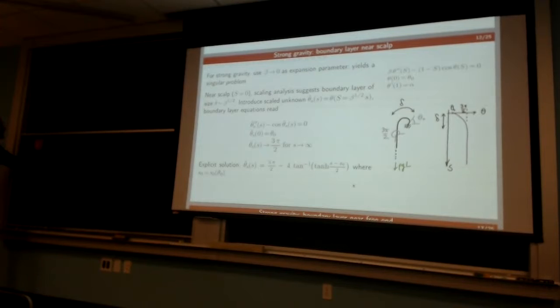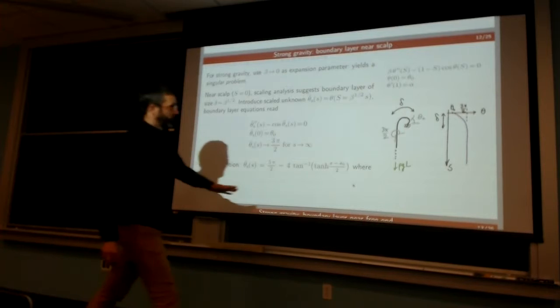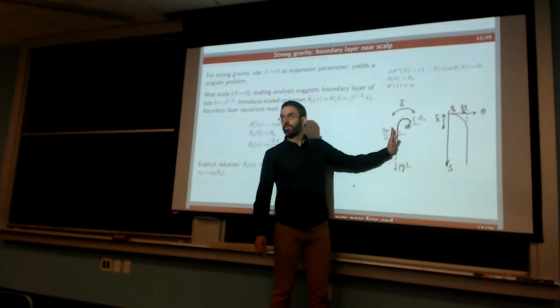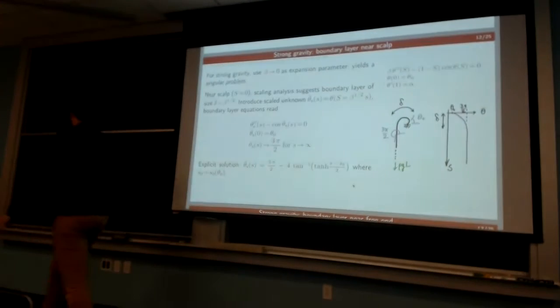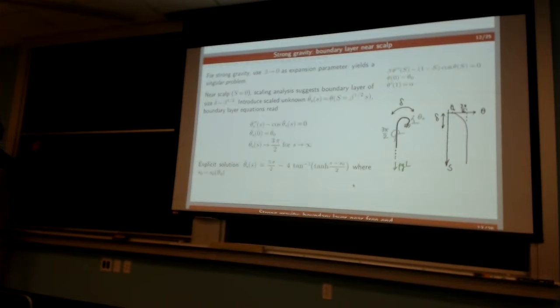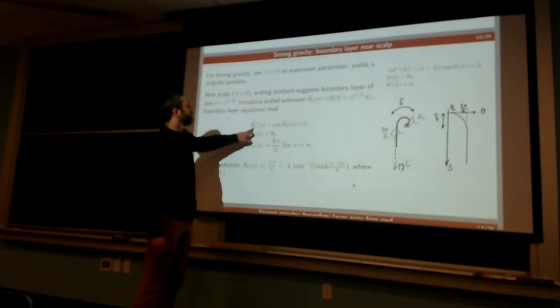First I need to find estimates for the various quantities. So what would be the order of magnitude of theta? Well, theta varies from 3 pi over 2 here to some finite value that's set by the boundary condition. So the range of theta is 1, right? It changes by values of order 1. So that would be theta.